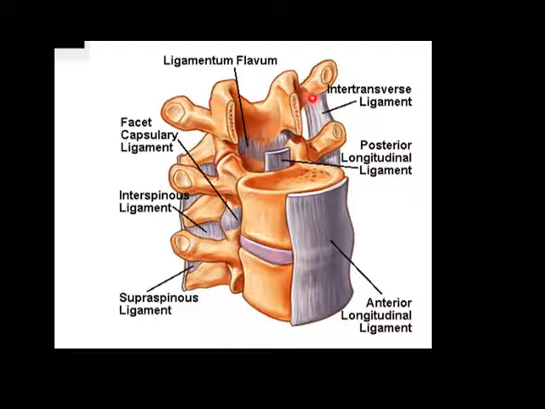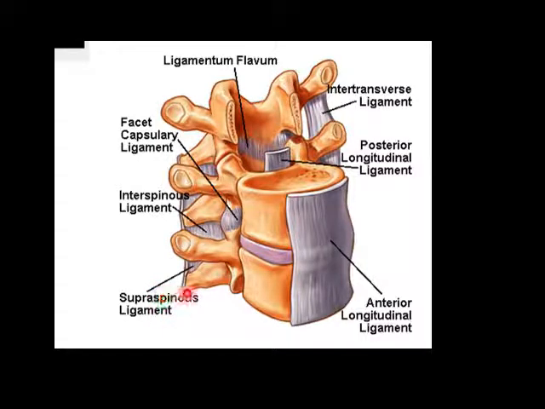Okay? Between each transverse process, there is the intertransverse ligament. Between each spinous process and the other, there is a ligament called interspinous ligament. Between the tips of the spinous processes here, as you see, there is a ligament called supraspinous ligament.